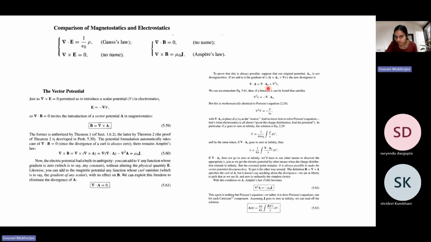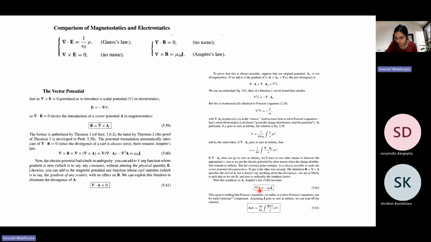That already tells you that the divergence of A naught, with a minus sign, should be given by del square lambda. So this relation already tells us what your lambda should be. And once you know lambda, basically you know A.